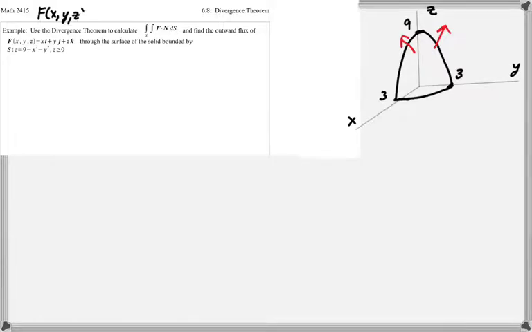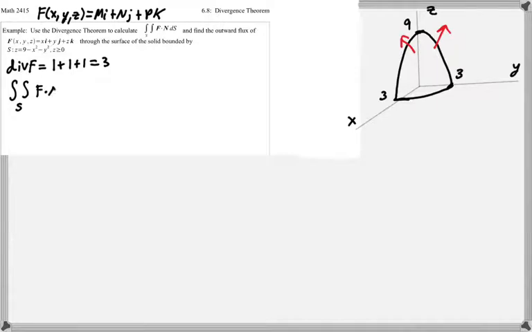F of x, y, z is equal to Mi plus Nj plus Pk. The divergence of F is equal to the partial derivative of x with respect to x plus the partial derivative of y with respect to y plus the partial derivative of z with respect to z. All those are going to be 1, so the divergence of F is going to be 3.